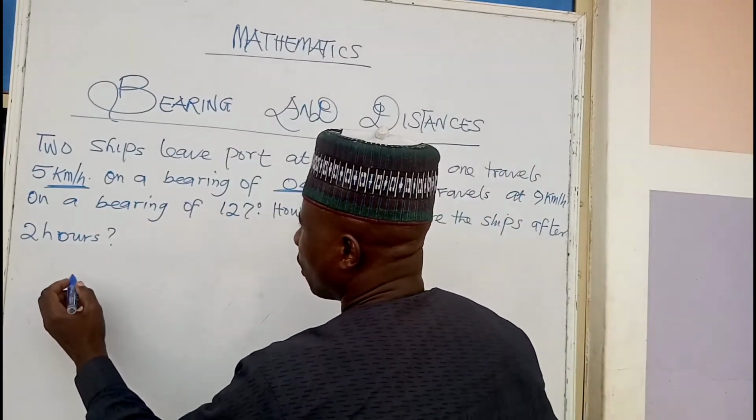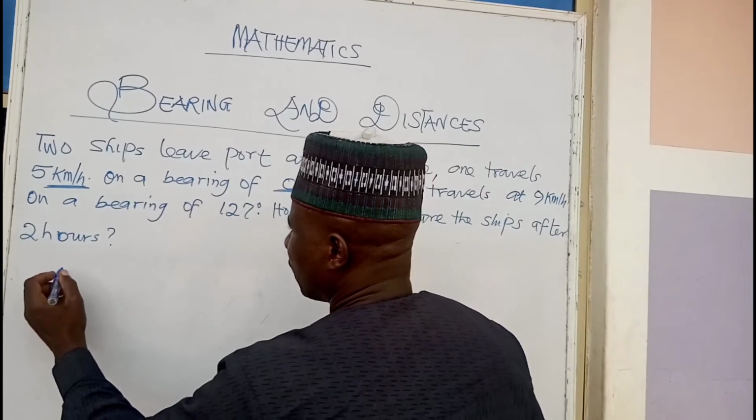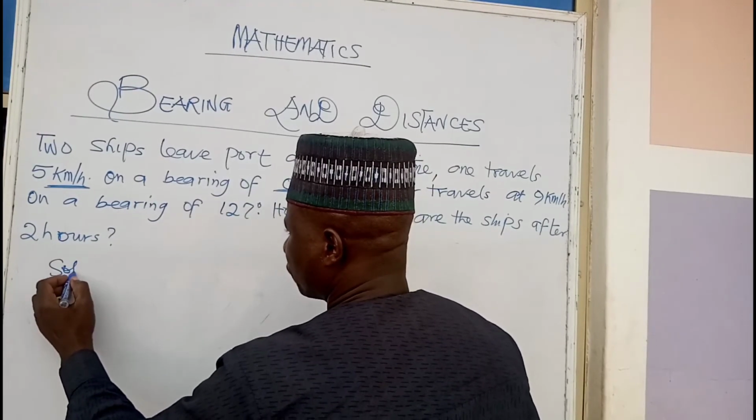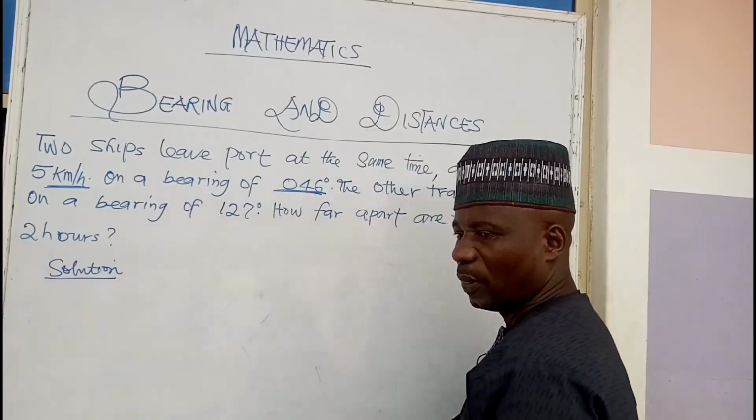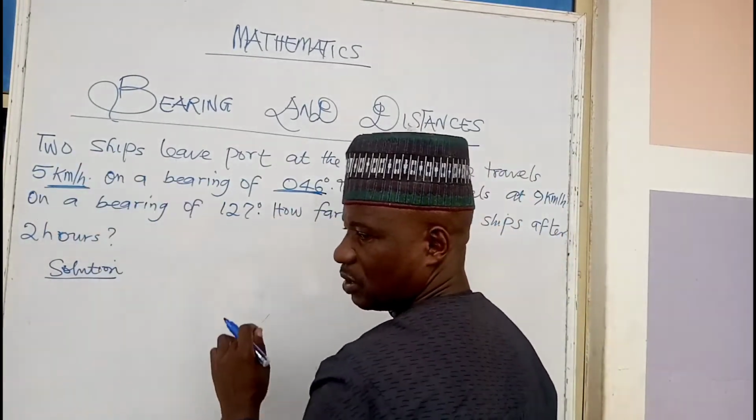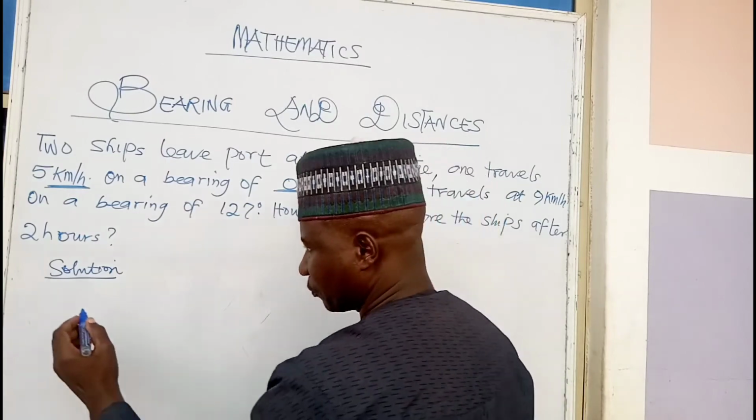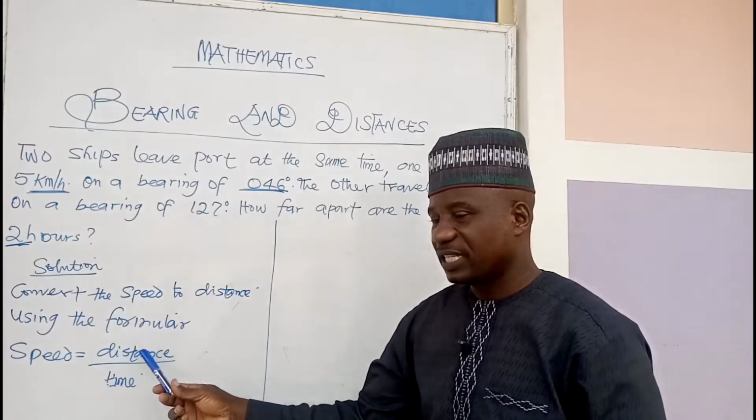Now, solution. We want to convert this speed to distance. Our speed, we say, is distance all over time.